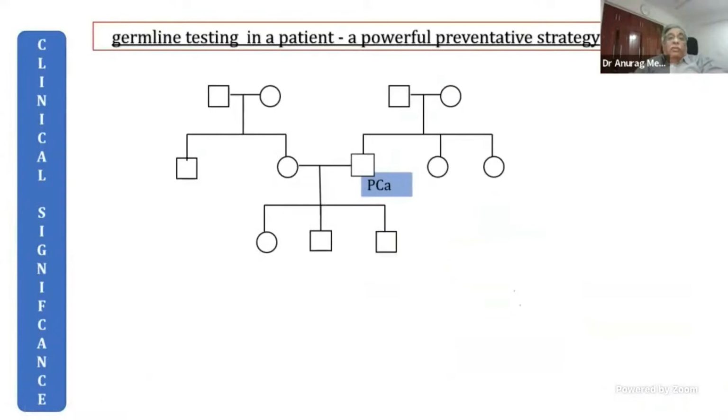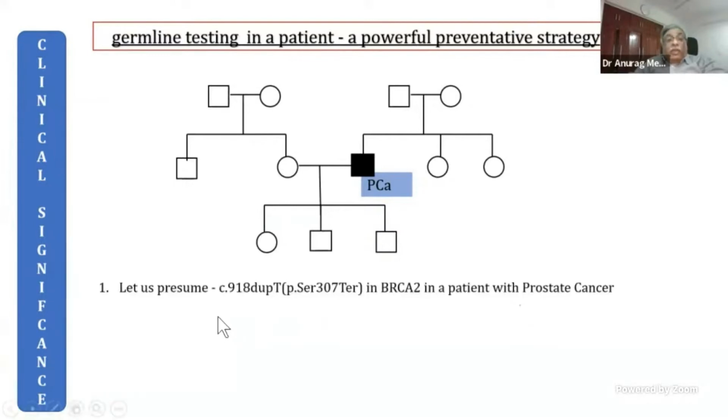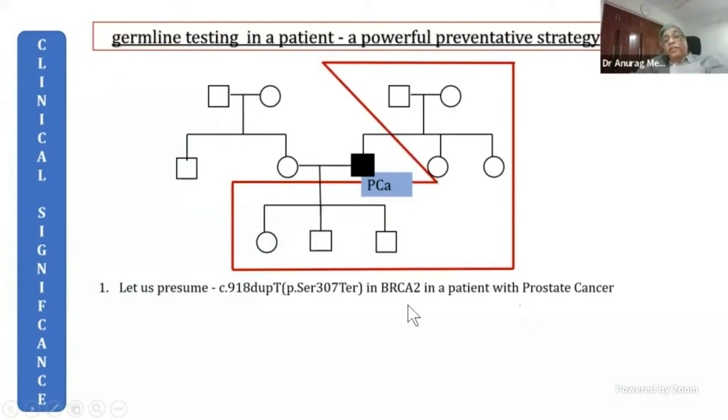Now, this is also important from the point of view of prevention. Let us say this is an index case of a prostate carcinoma. Once he's tested for germline mutation and turns out to be positive, let's presume for a BRCA2 mutation, then we will extend this testing to his kindred, the first degree relatives, and it is expected that 50% of them will be positive.